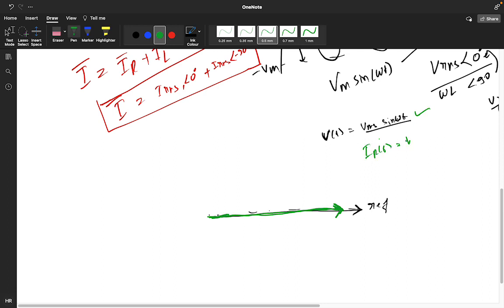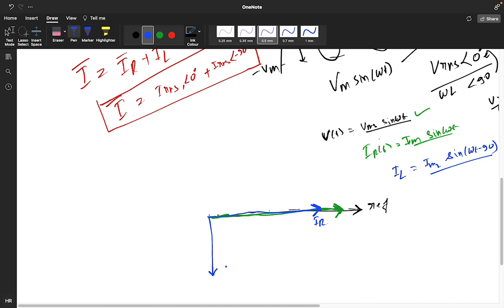It equals Im sine omega t only. So your IR will also be on the reference only. What about IL? IL is Im2 sine omega t minus 90 degree. So it gets lagged by 90 degree.